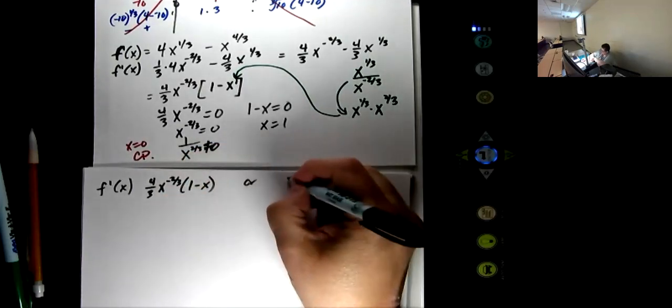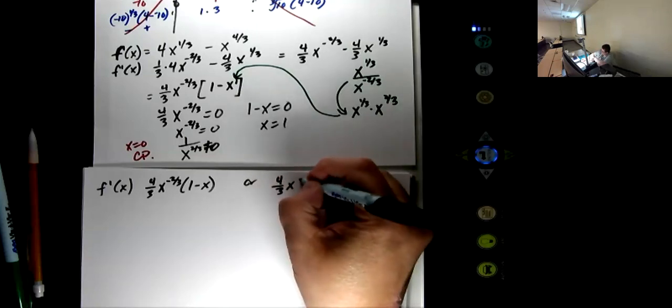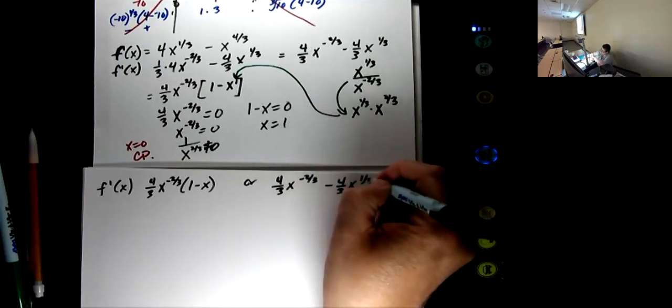I think the first form is easier when we do the next step, when we do the derivative. But this one allows us to do our sign chart.